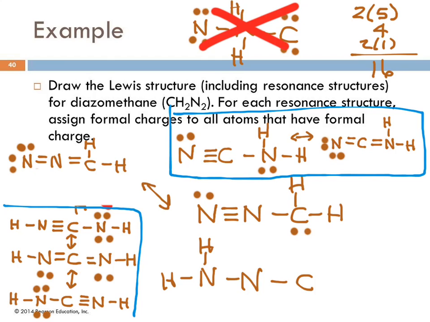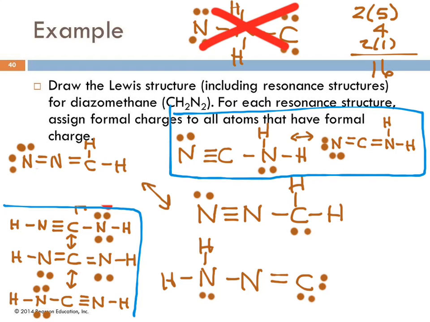What about the guy on the bottom here? Well, let's see. 2, 4, 6, 8, 10, 12, 14, 16. Well, we could take this one and stick it over here. And then, well, I shouldn't have taken that one.